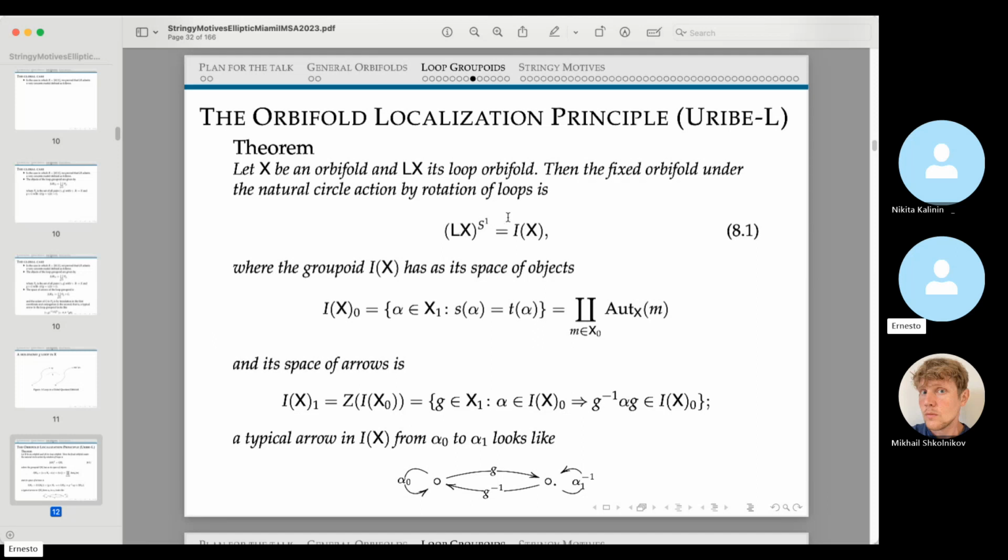What is the big surprise here is that LX to the S1 is the inertia by definition. It's no longer X, it's something else. And the definition of that something else is this. Its objects are automorphisms, so it is the category of automorphisms of the original orbifold.